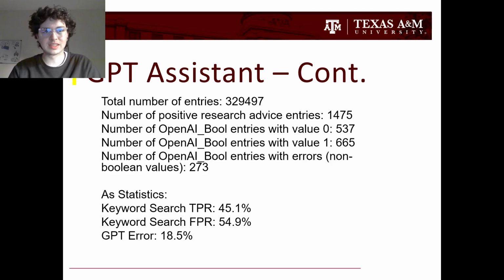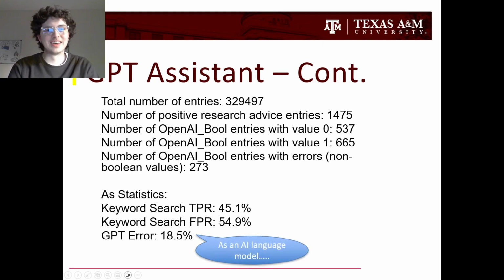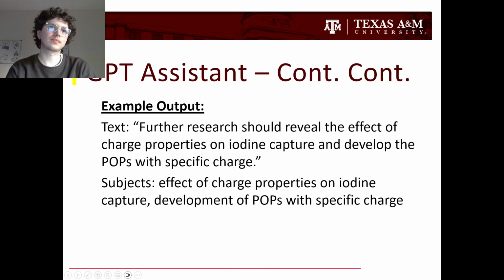As statistics, that's a true positive rate for the keyword search of 45%, a false positive rate of 55%, and a roughly 19% GPT error, as in language model. It's a pain, but through prompt engineering and better selection of texts, we can probably lower that error in the future.